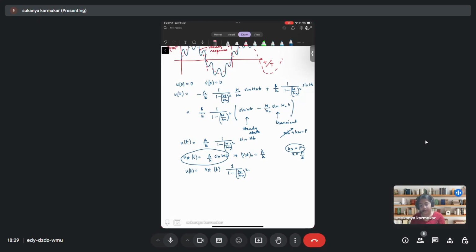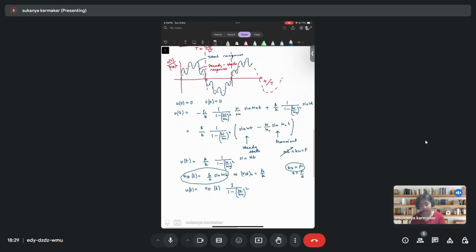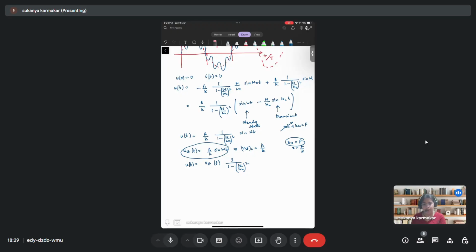Here the force acting on the system is p naught sine of omega t, divided by the stiffness k. And I give this a name, ust of t. This is a nomenclature which I'm using to write my equation.